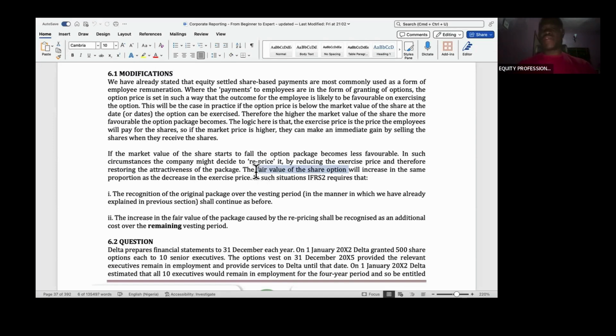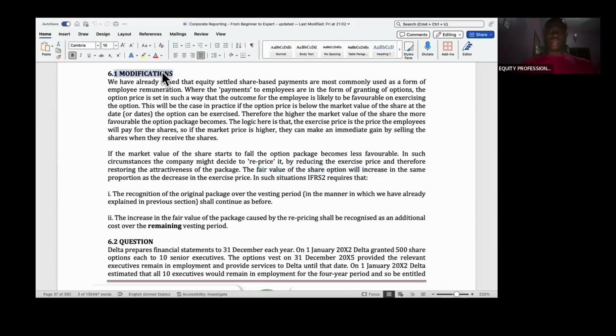So when the fair value of the option increases because the company has reduced the exercise price, that means our calculation will be impacted one way or the other, at least from the date of that repricing till the vesting date. So that is the principle behind modification.